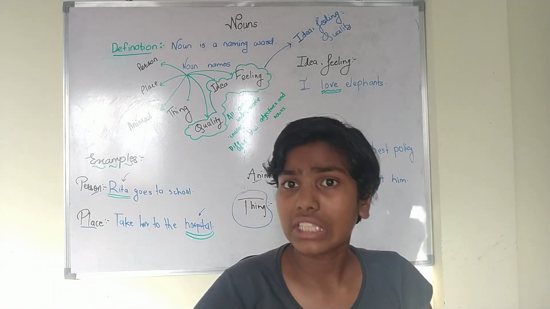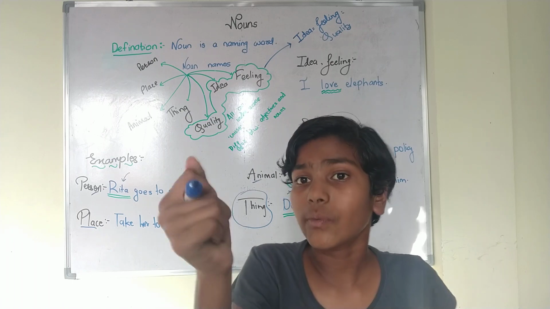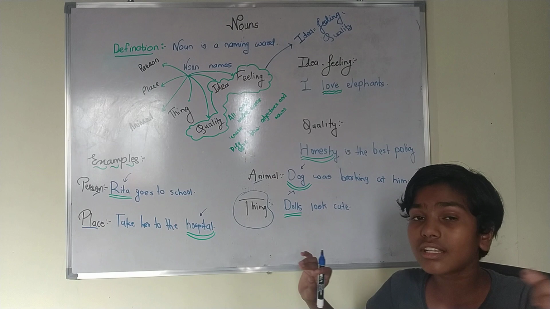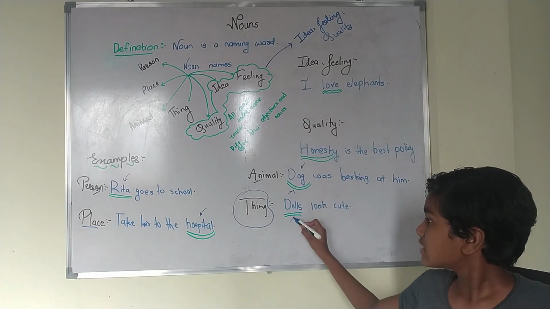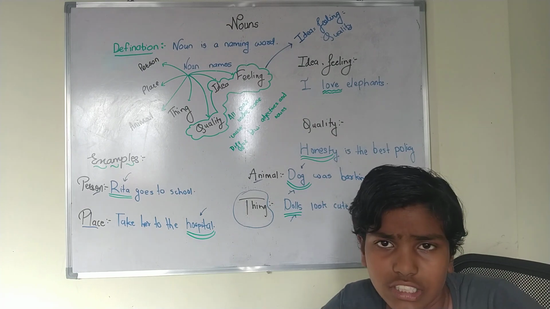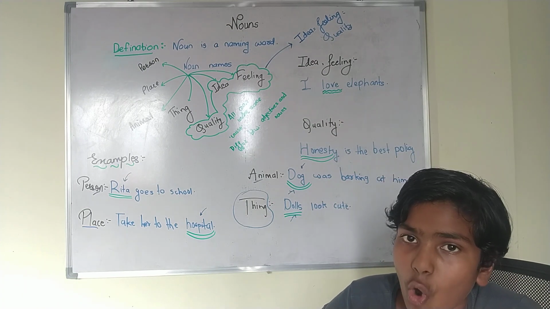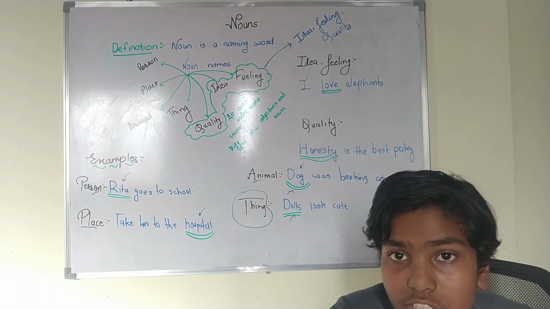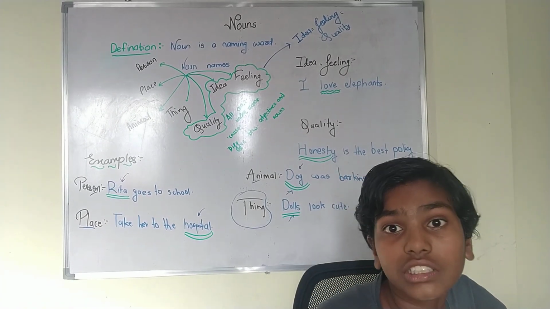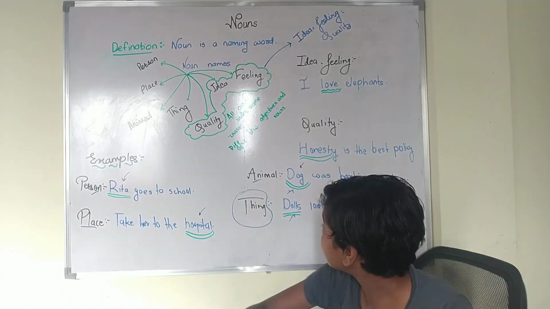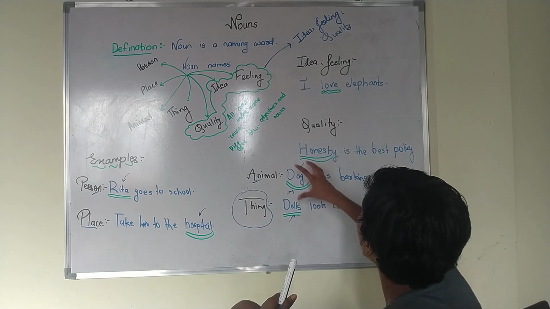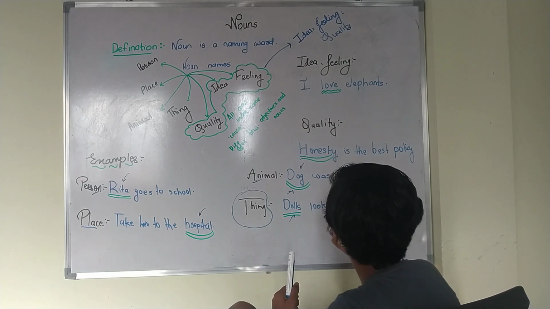Now let's move on to the next part, thing. What about things? Things like dolls look cute. Suppose I brought three dolls, and somebody said the dolls look cute. They're describing the dolls as cute. I'm not saying cute is a noun, because it's also kind of a quality of dolls.